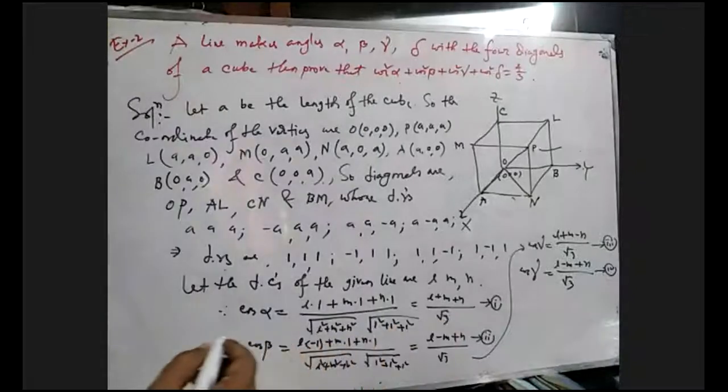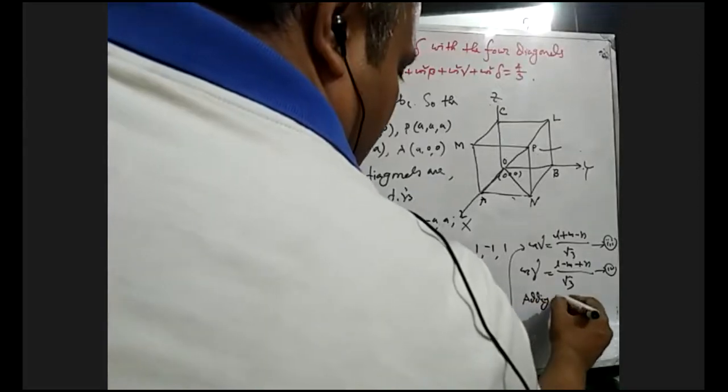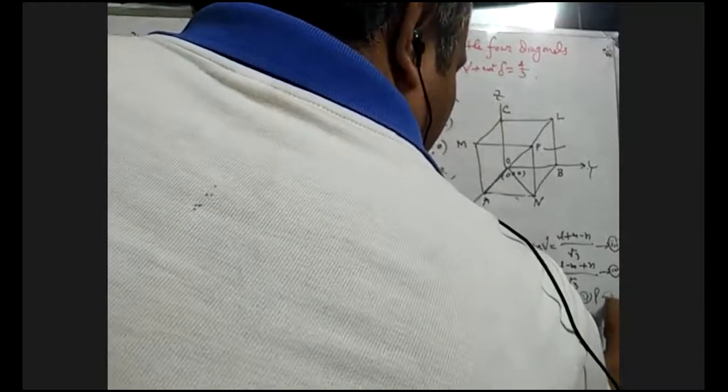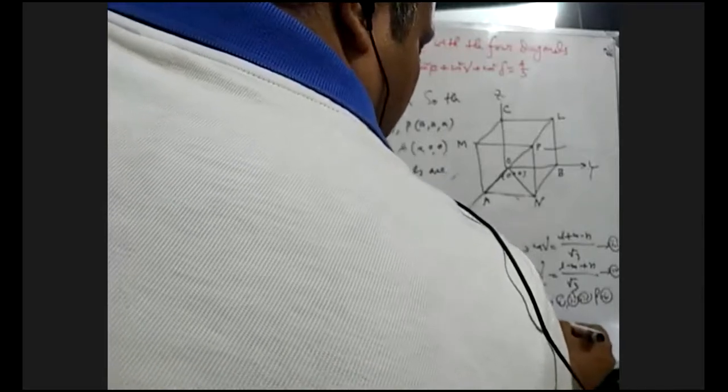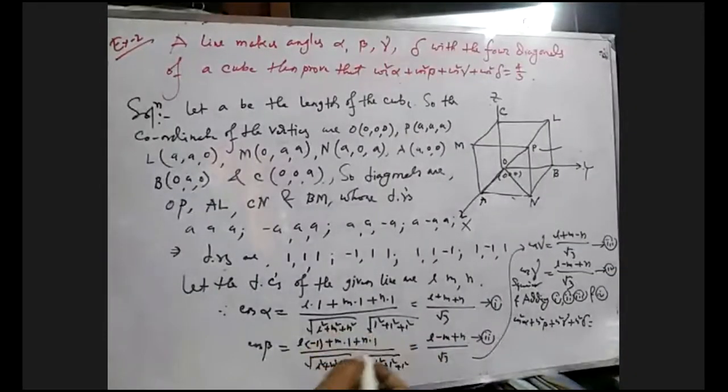Now squaring and adding 1, 2, 3 and 4, we get cos square alpha plus cos square beta plus cos square gamma plus cos square delta equals 4 by 3.